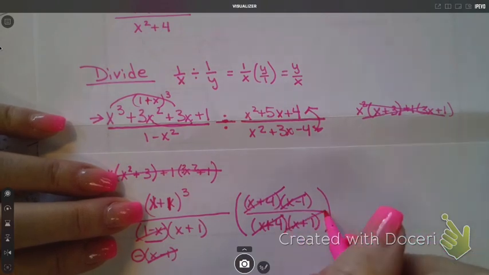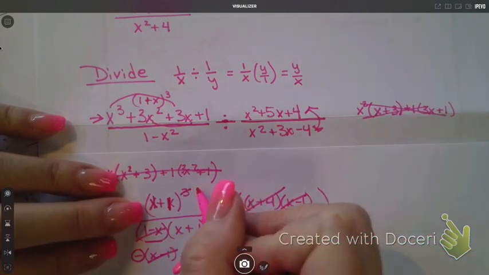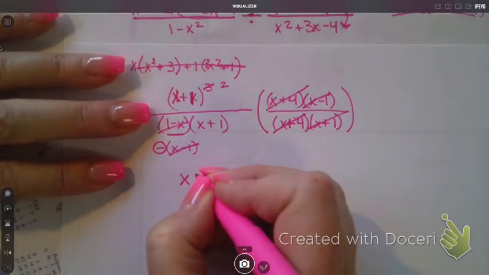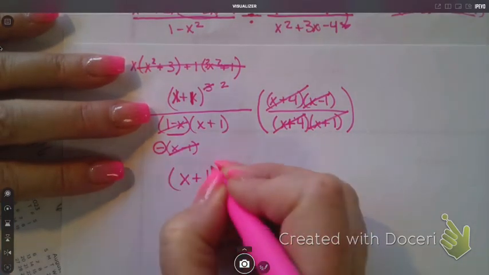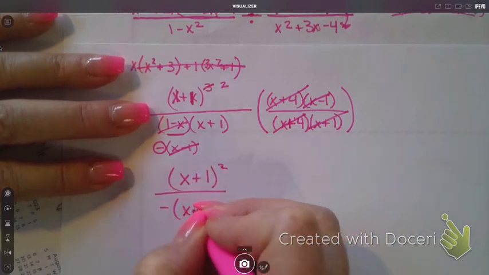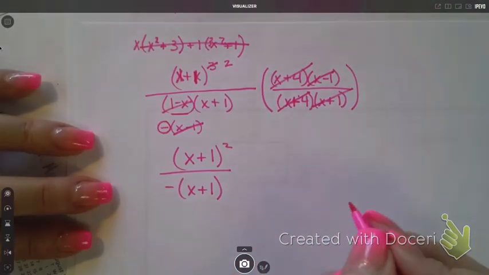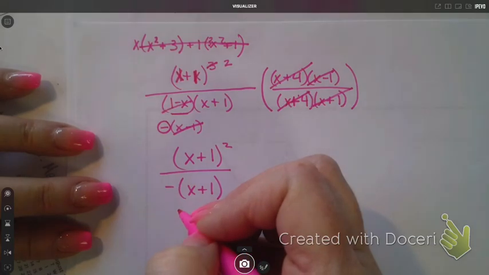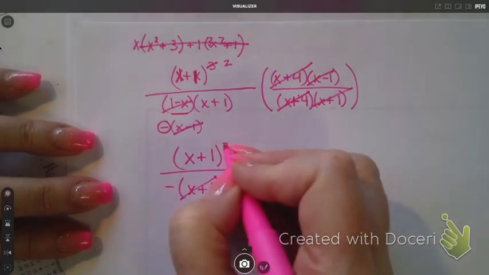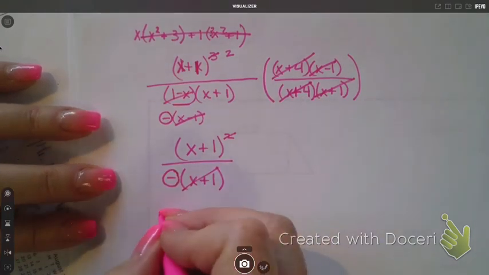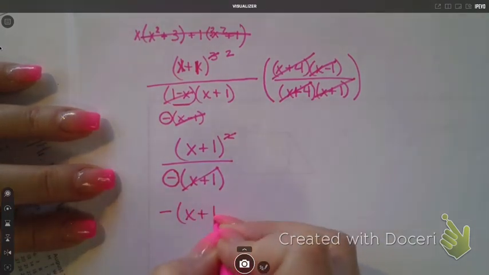So I'm taking one of them, so I'm still left with how many? 2. So I have x plus 1 squared over negative x plus 1. I rewrote it because we got a lot. And now can I take out another one? Yeah. So I take out another one, but I still have a negative. So it's negative x plus 1.